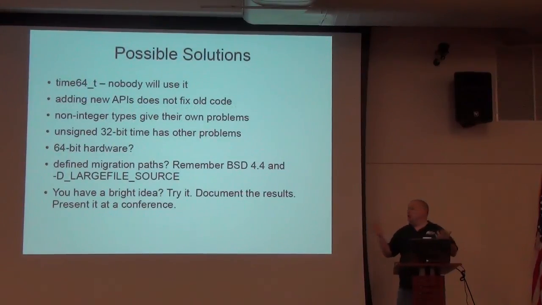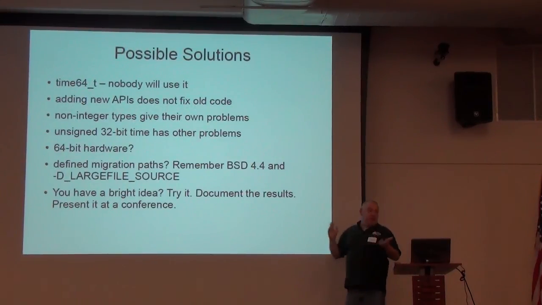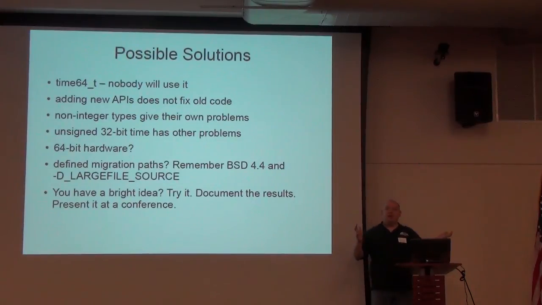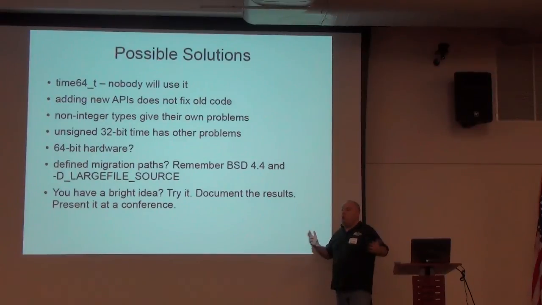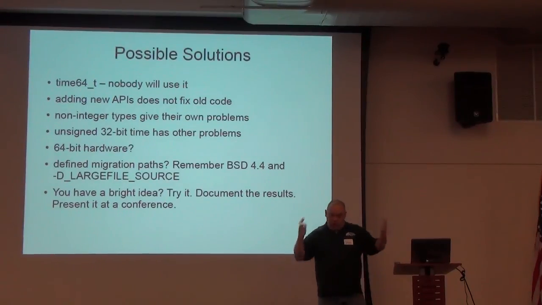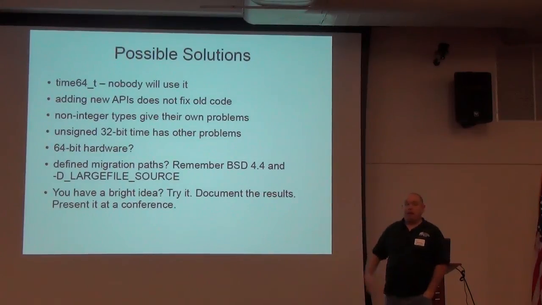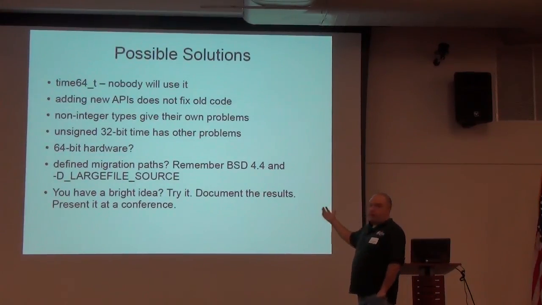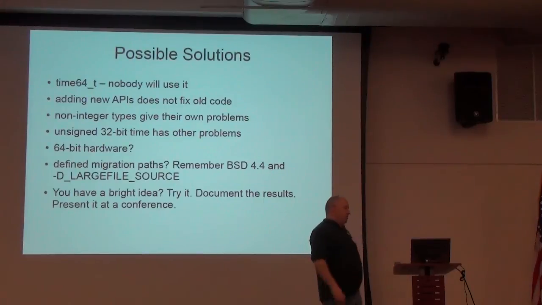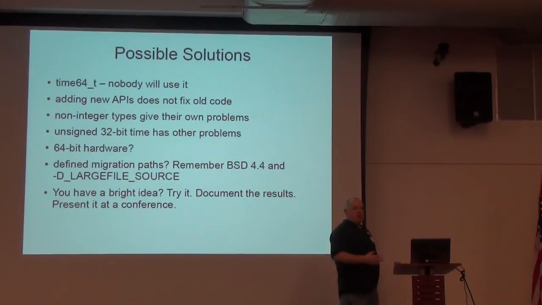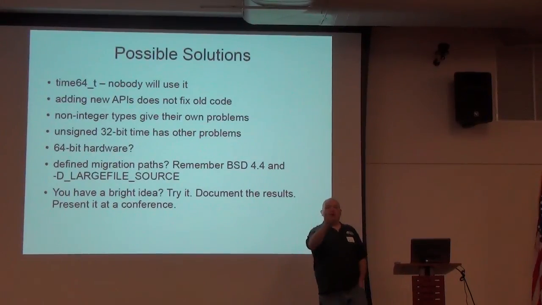So, there are solutions. They've invented a time64_t, but nobody uses it. And adding this new API won't fix all the old code. It's the same. Microsoft never stopped supporting old APIs. Linux has the overwhelming majority of old APIs.